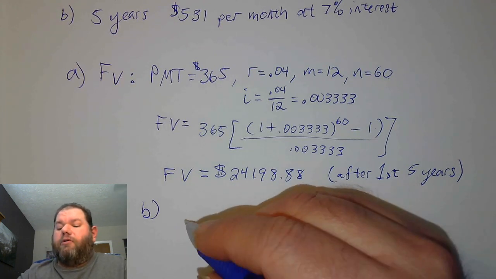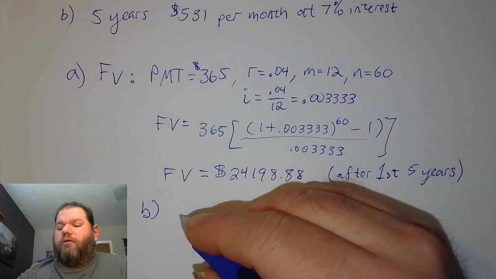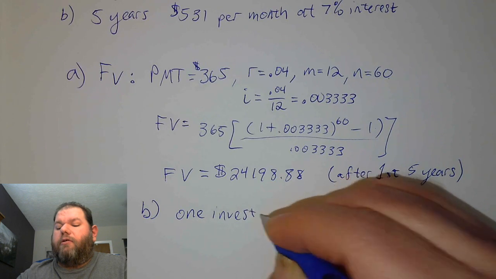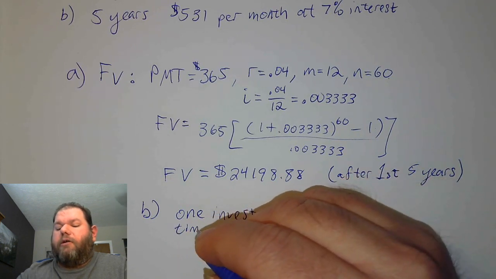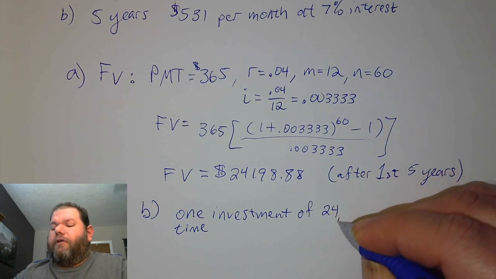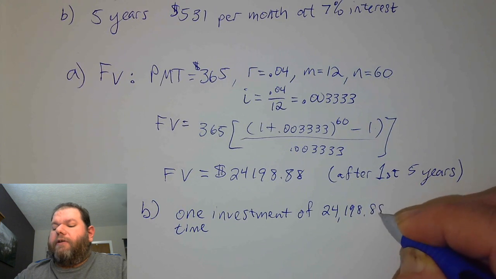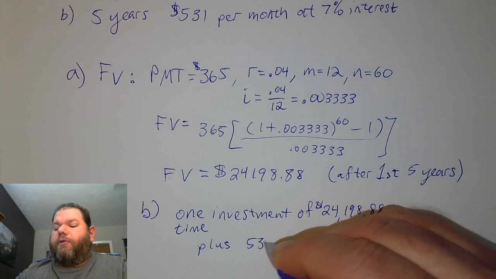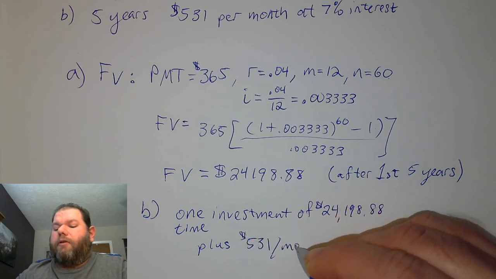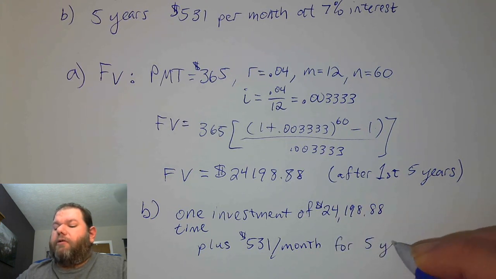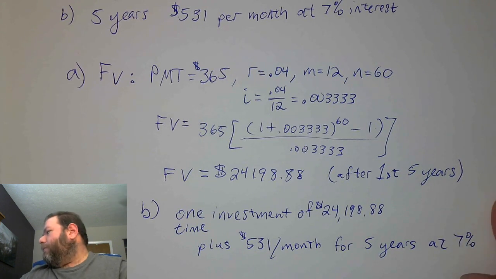Now, so we have one investment, or a one-time investment of $24,198.88 plus $531 per month for 5 years at 7% interest. Okay.